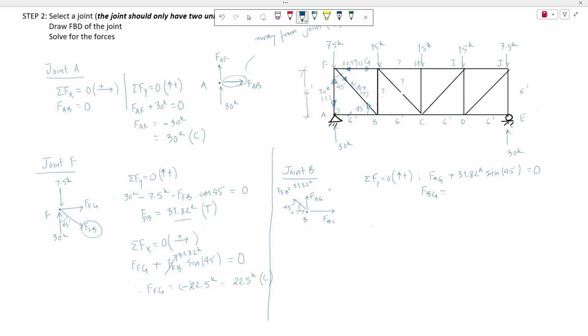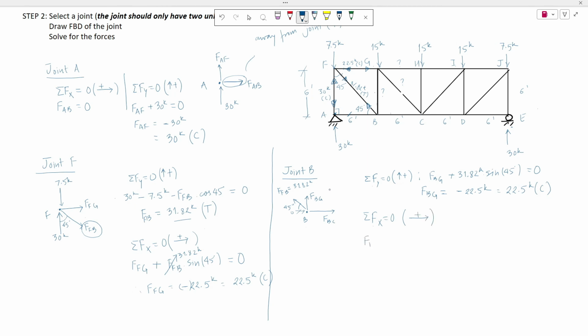Calculating, we get FBG to be negative 22.5 kips. Again, we assumed this to be tension, but this is actually 22.5 kips in compression. And summation of forces in the x direction to be 0, considering towards the right positive.